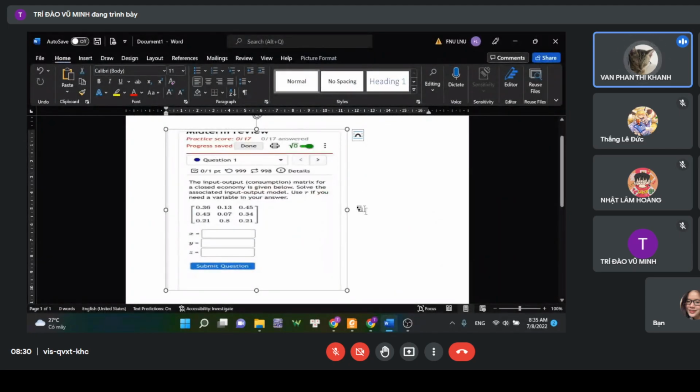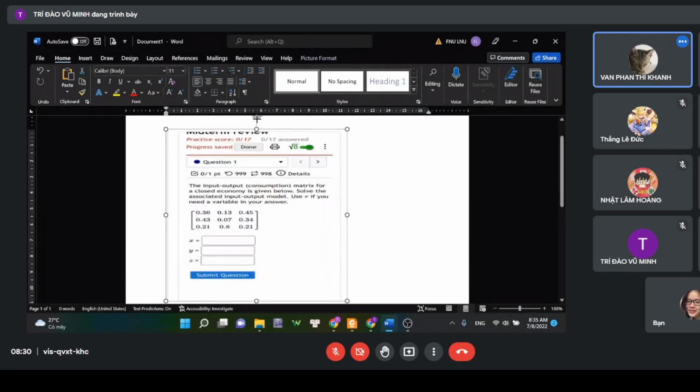Please zoom in because I can't see it. Okay, so it's the input output model.